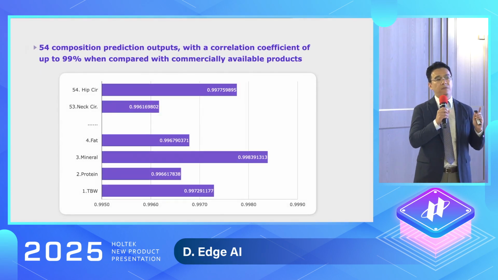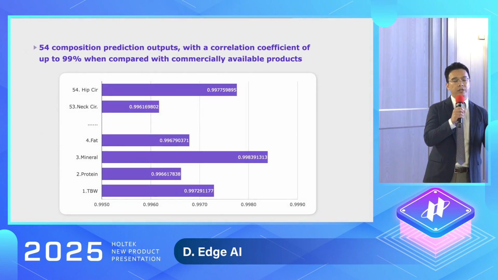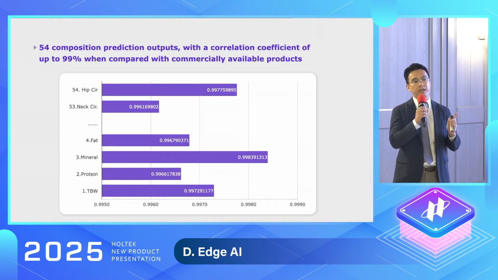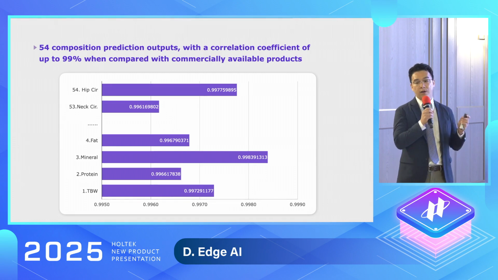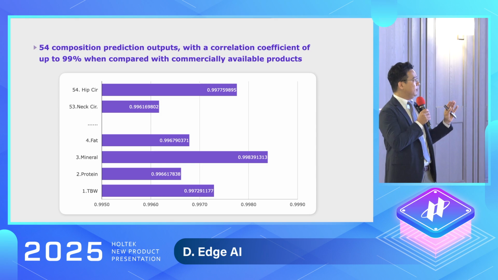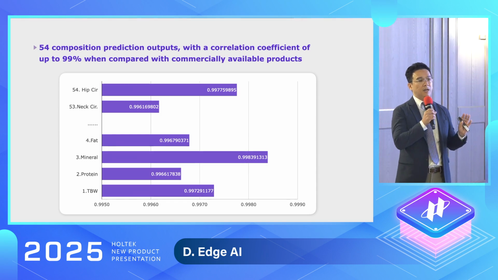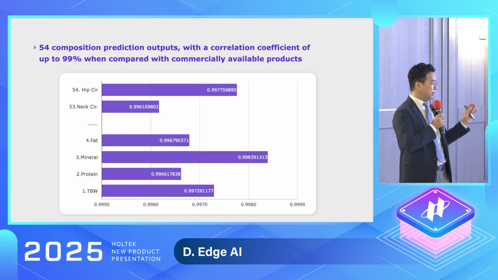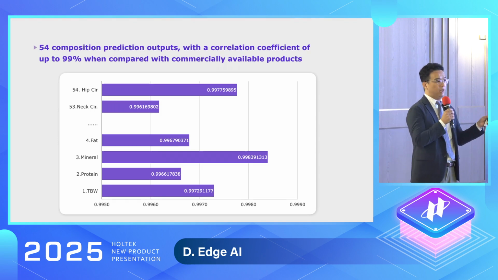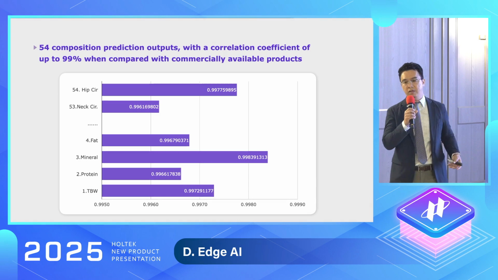We have done 54 composition prediction outputs. And compared with the market standard, we have up to 99% correlation coefficient. It means we are ready to market, including the 54 composition prediction outputs, including TBW, protein, mineral, fat, or even neck circle, or even your hip circle.